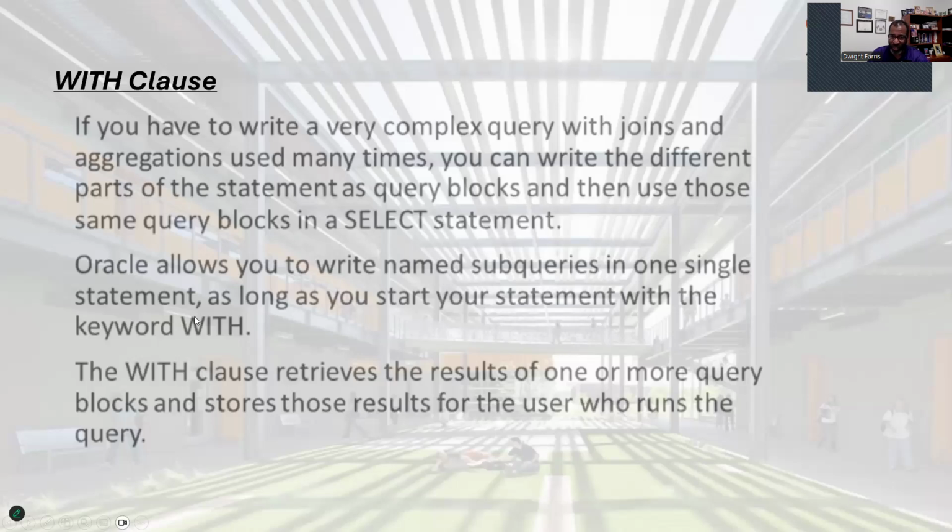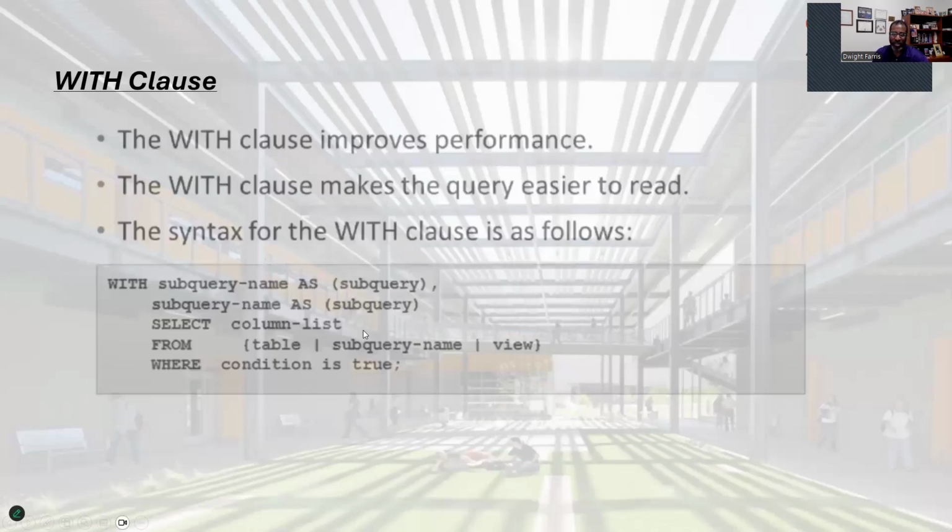Oracle will allow you to write named subqueries in one single statement as long as you start your statement with the keyword with. The with clause retrieves the results of one or more query blocks and stores those results for the user who runs it. So it can become complicated. So the with clause improves performance. It's kind of easier to read.